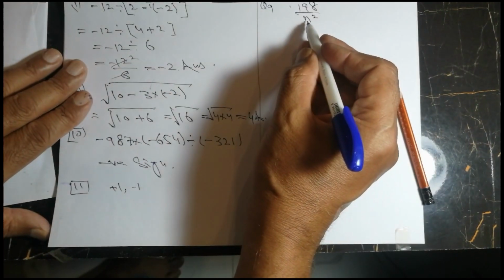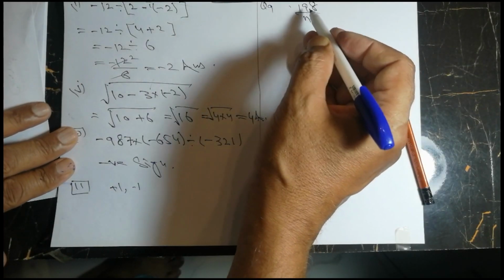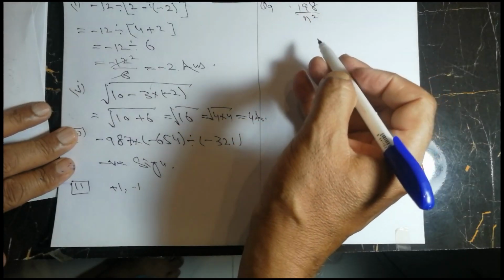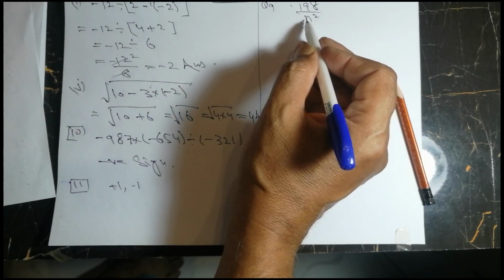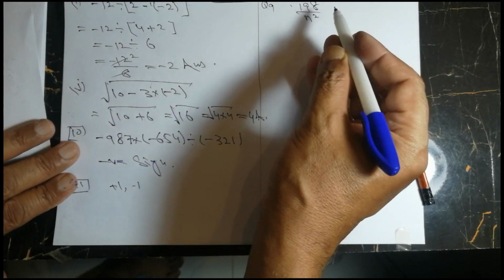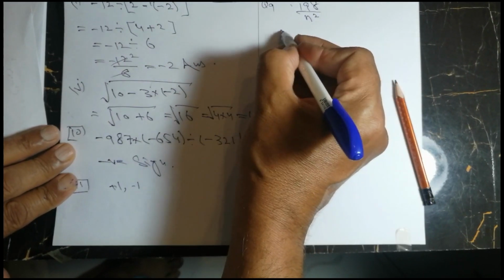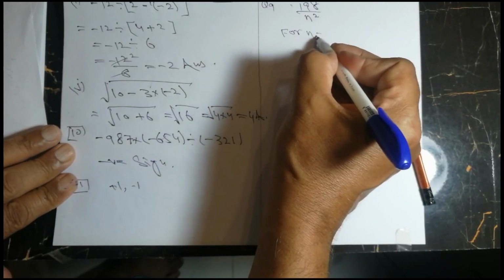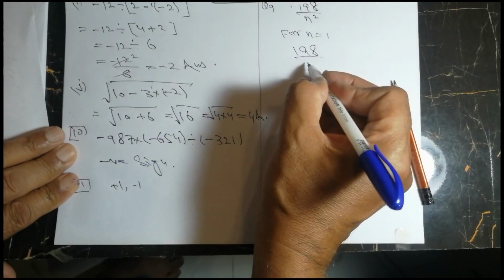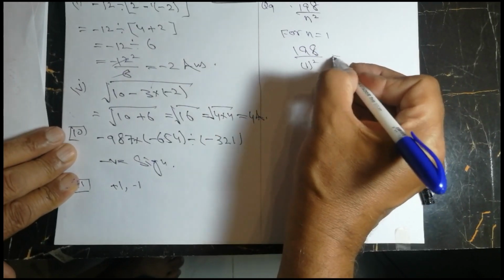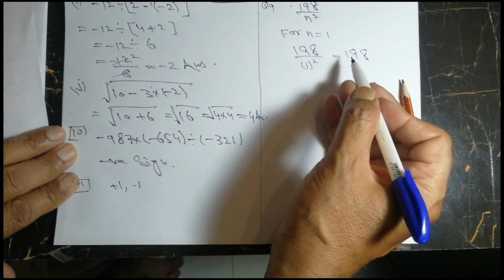So if we put value of n 1, the answer will be 198, which is true. Because this is square, whether we put value of n plus 1 or minus 1, for both the answer will be the same. For example, for n equal to 1, 198 over 1 square, that's equal to 198. Even if we put minus 1, the answer will be the same.